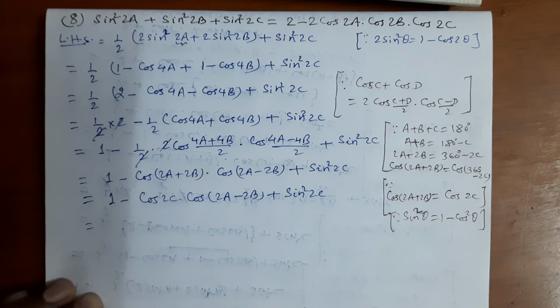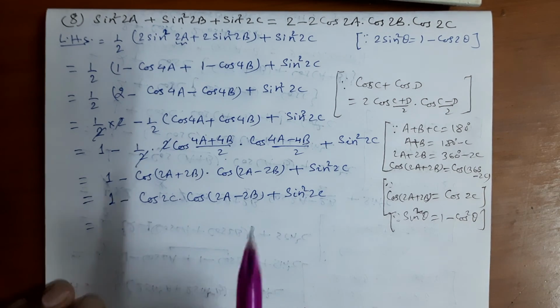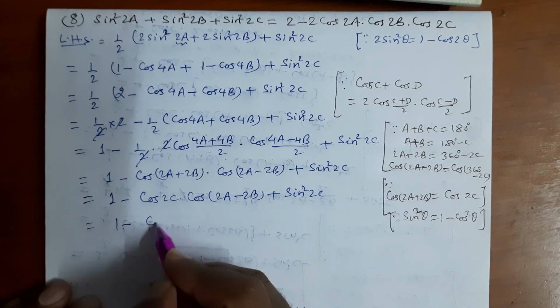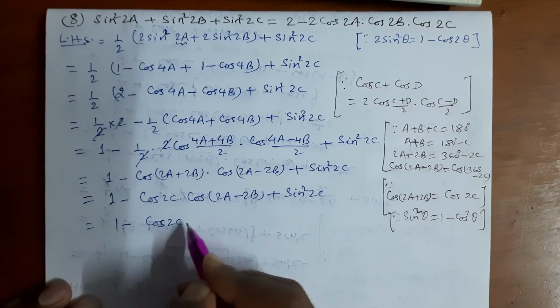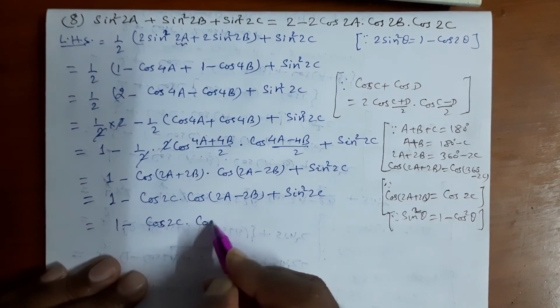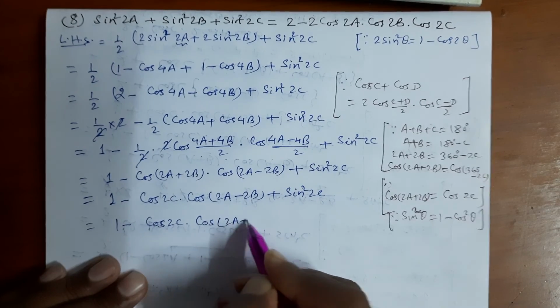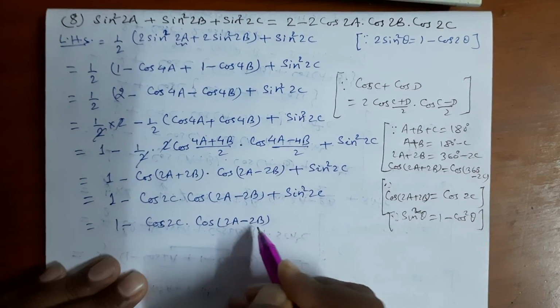So it becomes 1 minus cos 2c times cos(2a minus 2b).